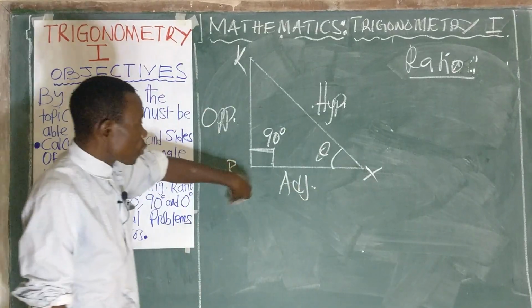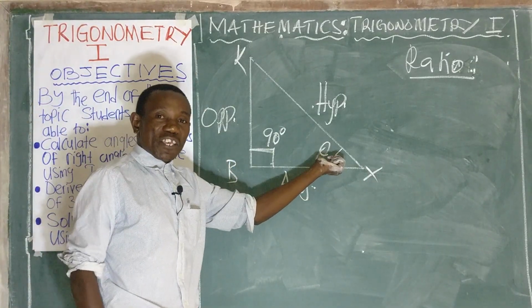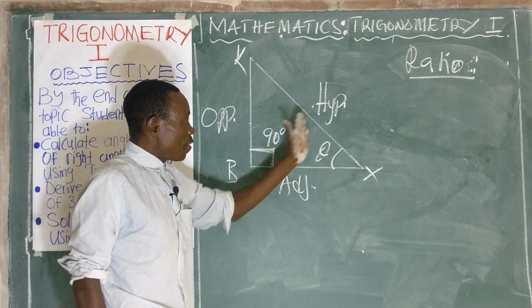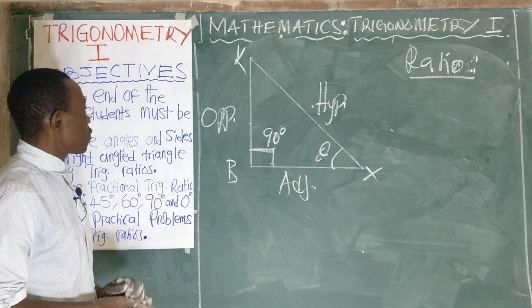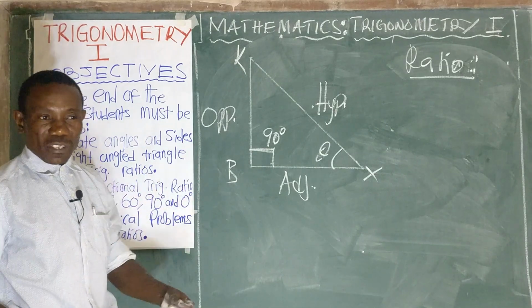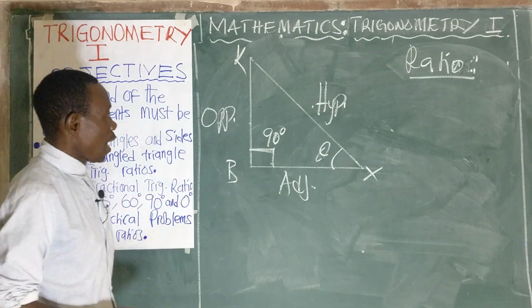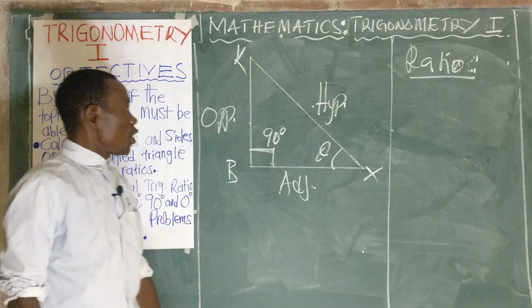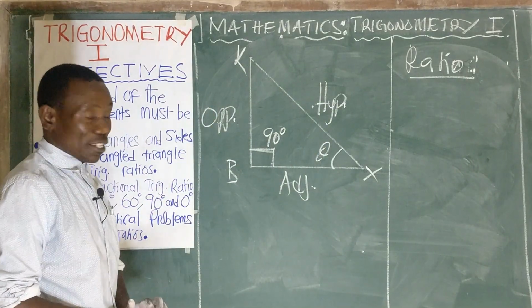Right, now in relation to a particular given angle inside, which is an acute angle, then from there, we'll be able to define the ratio of any two sides there as sine, cosine, and tangent. Right, so now, let's see, first of all, take the ratio of any two sides here.